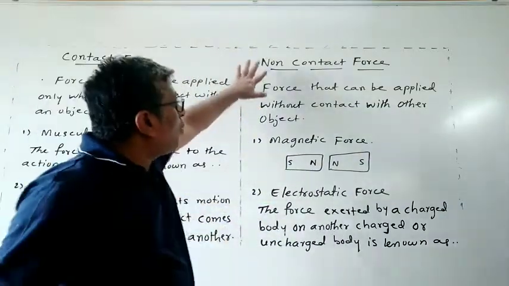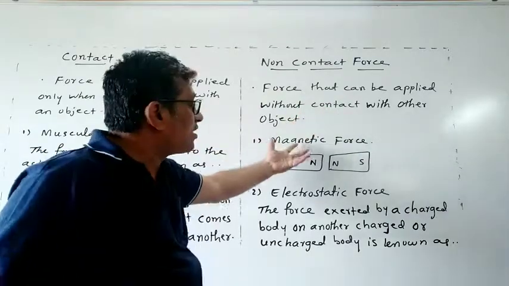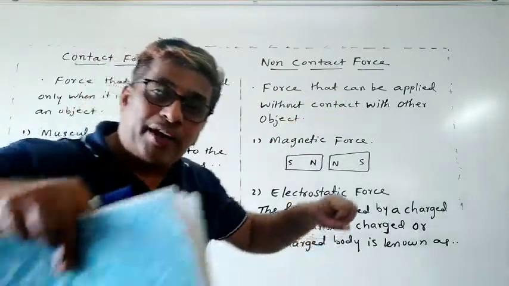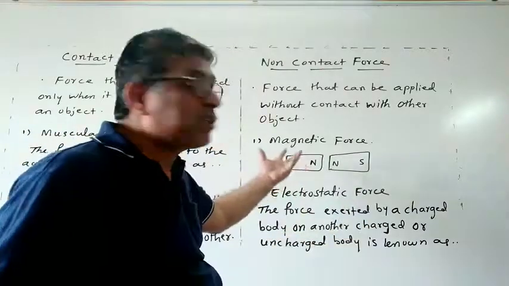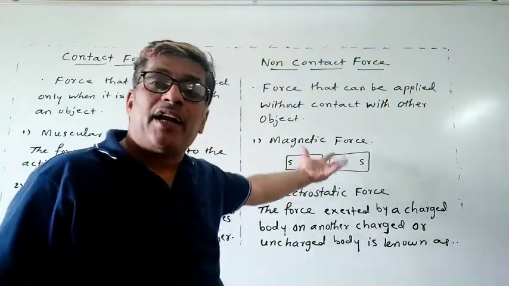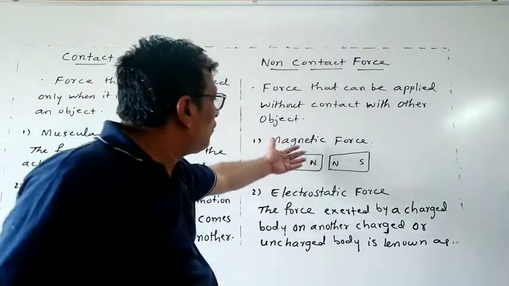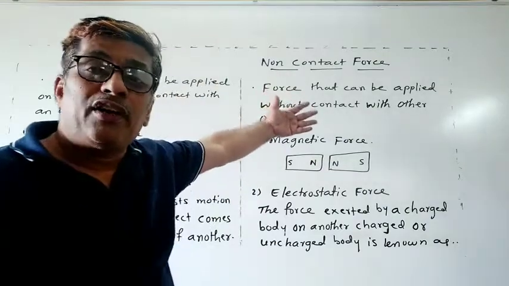And non-contact force is a force that can be applied without contact with another object. For example, a magnet: without contact, the force is created there and shows attraction and repulsion. So magnetic force is an example of non-contact force.